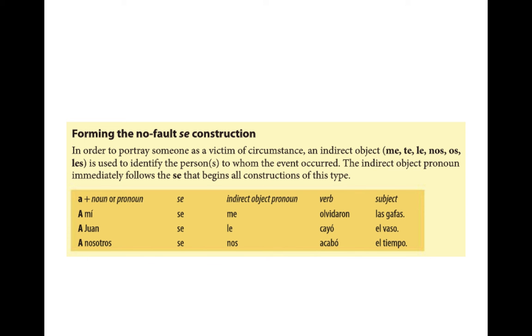It would not be cayeron. It would be cayó. And the last one, a nosotros se nos. Nosotros and nos, that's a double. A nosotros se nos acabó el tiempo. We ran out of time. But we don't say we, right? Time escaped us. That happened to us, this running out of time.